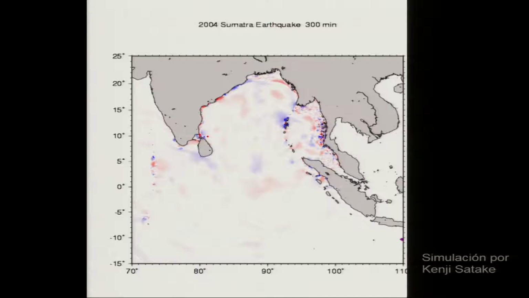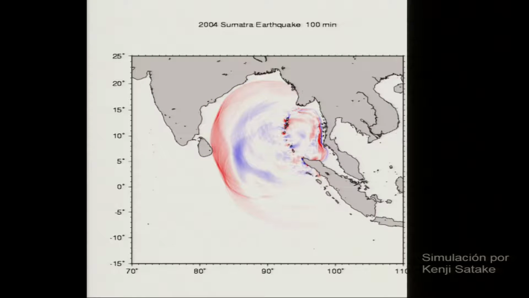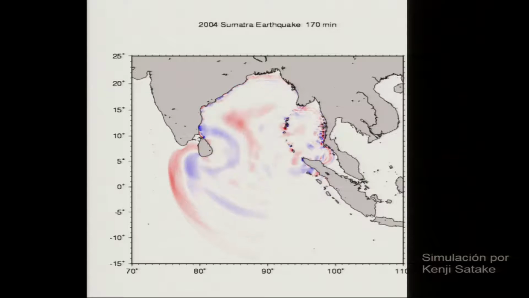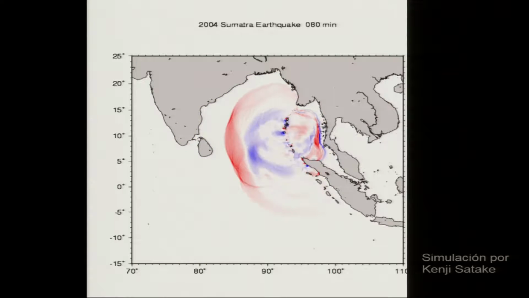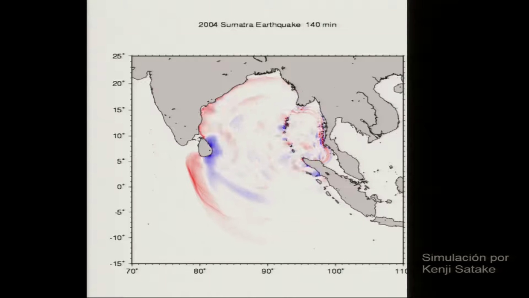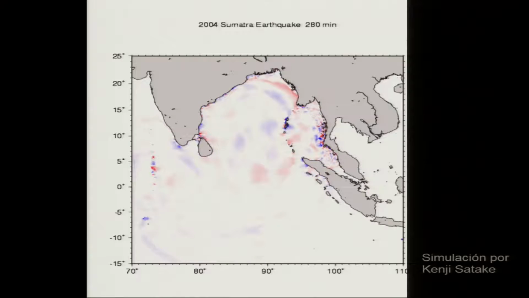I will play this again, and let us see what best we are able to see here. So, it took almost 100 to 120 minutes to reach the mainland coast, that is the eastern side of mainland India. So, we had enough time to warn the people.